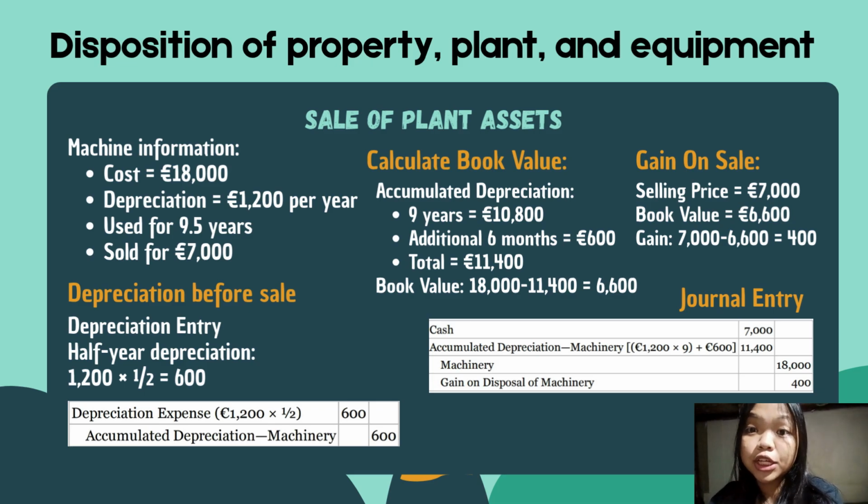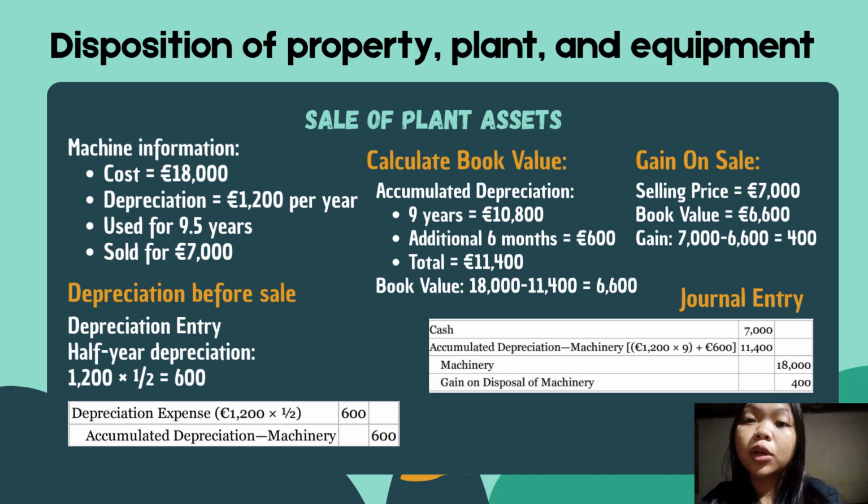The annual depreciation expense is 1,200, but the asset is used for only half a year before being sold, so the depreciation expense for 6 months is 600. For the journal entries, you can see the first image on the slide.